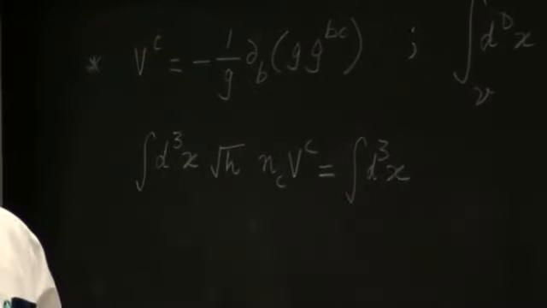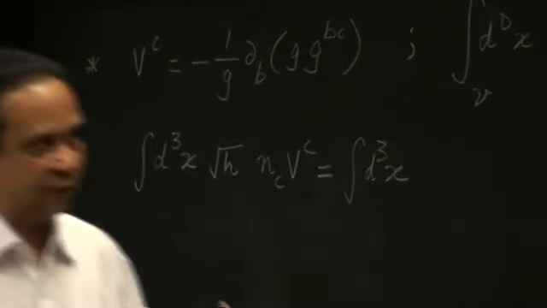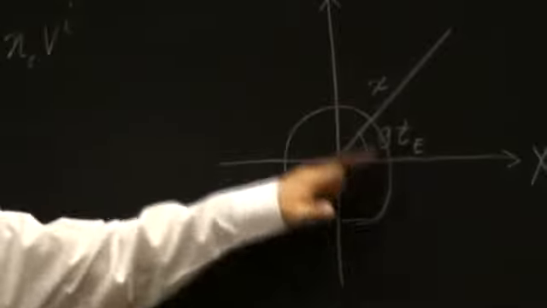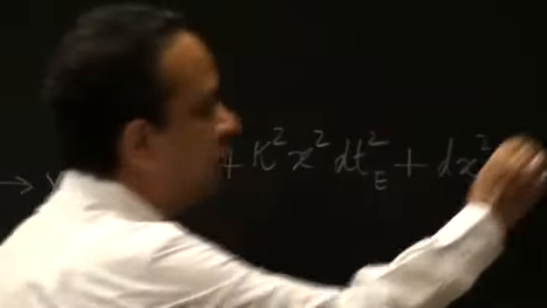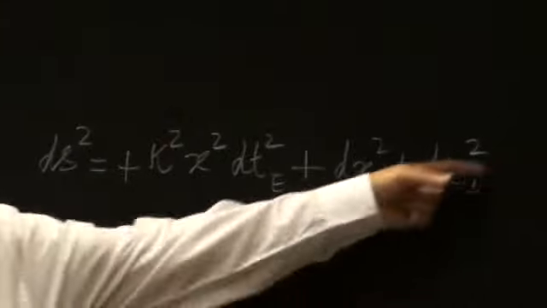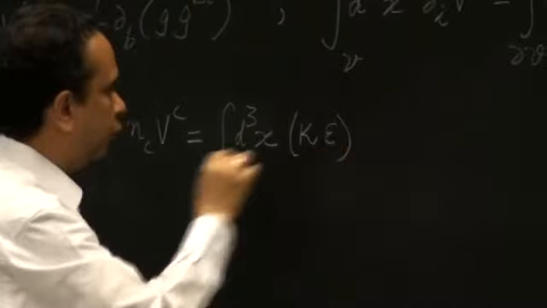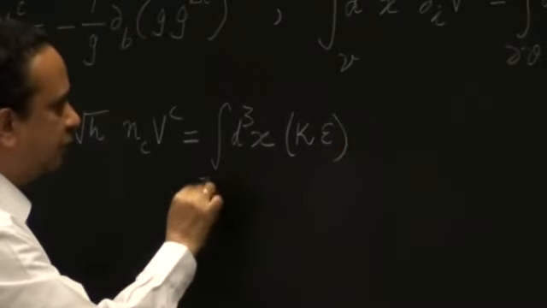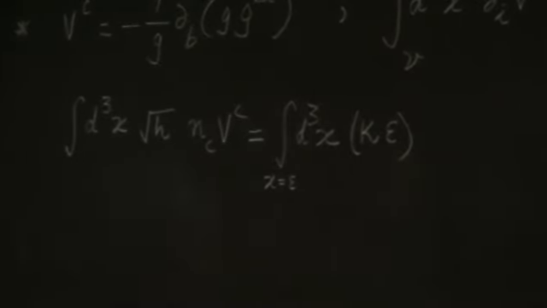Root h here is just the metric on the induced surface. The surface is x equal to constant, so this dx square goes away. And I will assume that we have set up things so that this is Cartesian, so I have only the term coming from g00. So you get kappa x, which is kappa epsilon. Remember that we are computing it on the surface x equal to epsilon. So that is the root h factor.